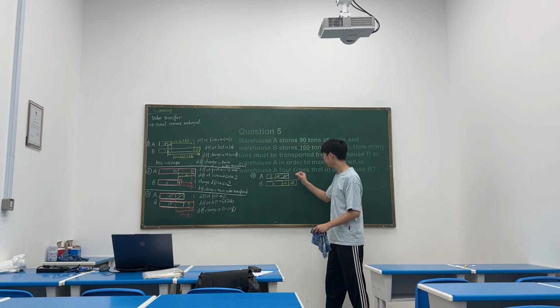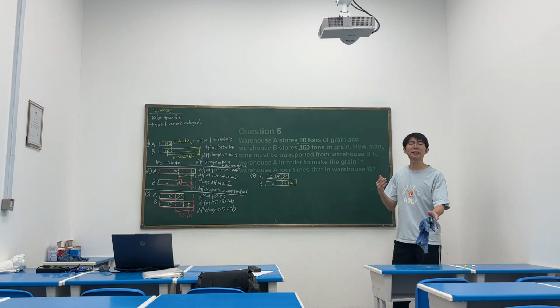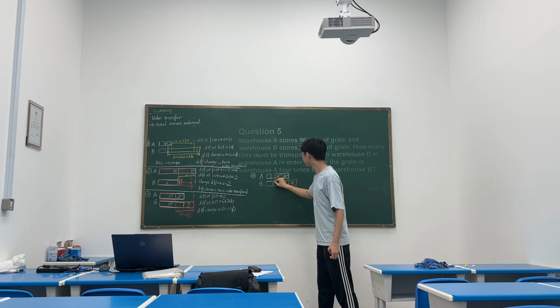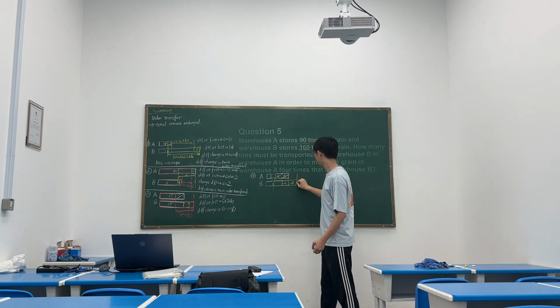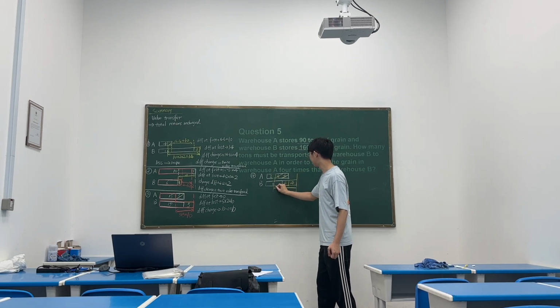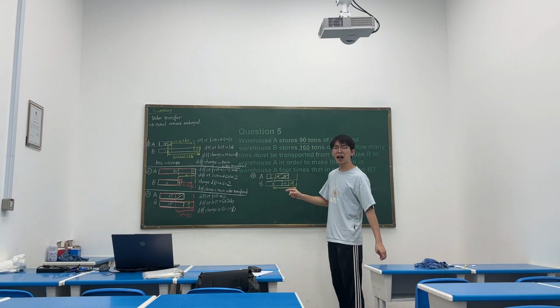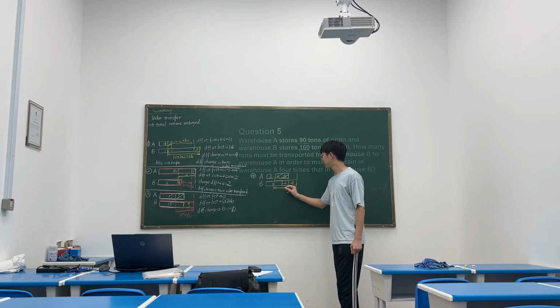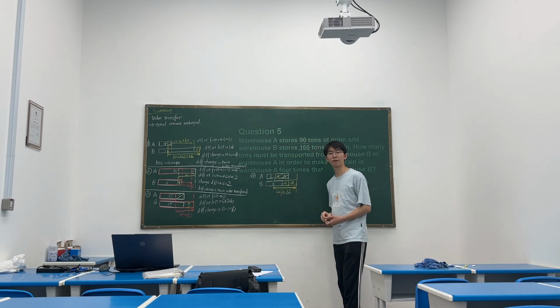4. Now my question is, what is the new difference over here? The new difference is this amount. How do we compute this? Well, this 4 plus 4 plus 4, so 4 times 3 equals 12.